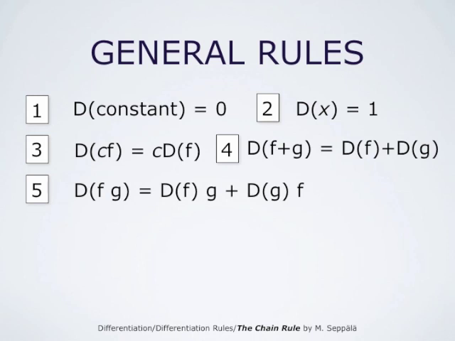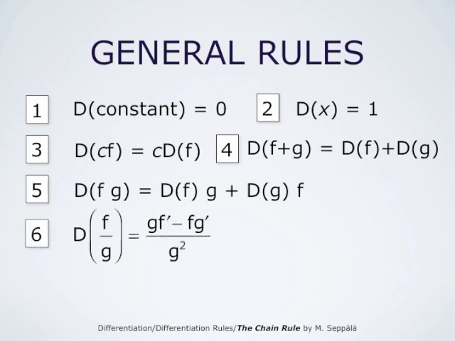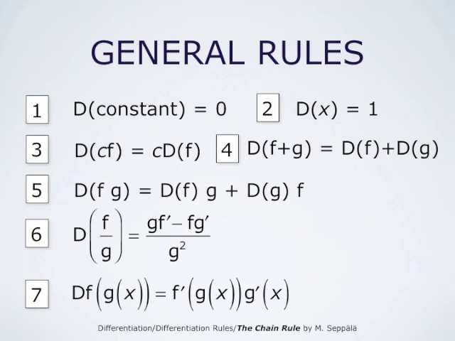The quotient rule says that the derivative of a quotient is the denominator times the derivative of the numerator minus the numerator times the derivative of the denominator, and that difference divided by the square of the original denominator. The chain rule, the topic of this video, says that the derivative of the composed function f composed with g at x is f prime evaluated at g of x times g prime at x.